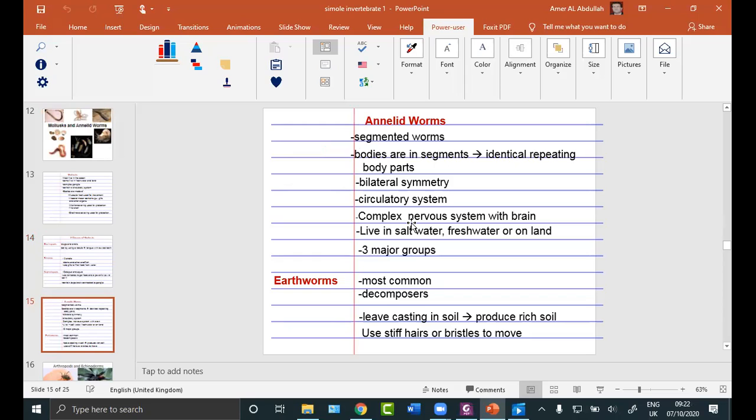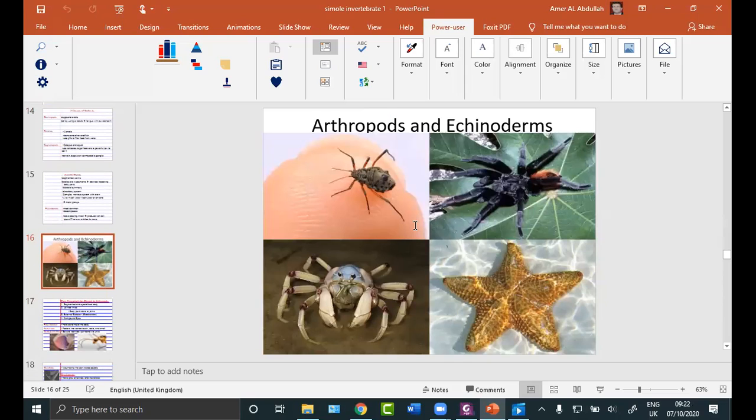Now we'll talk about echinoderms. Let's have an example: sea stars, sea urchins, sea cucumbers.